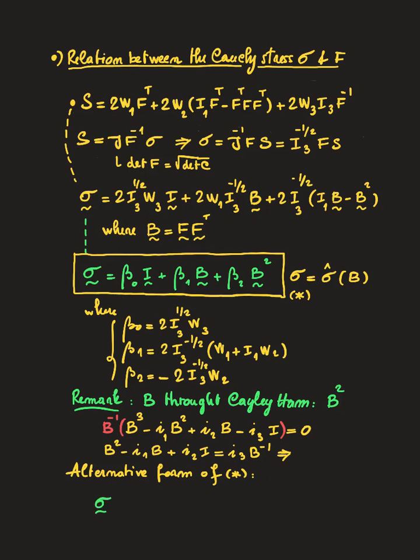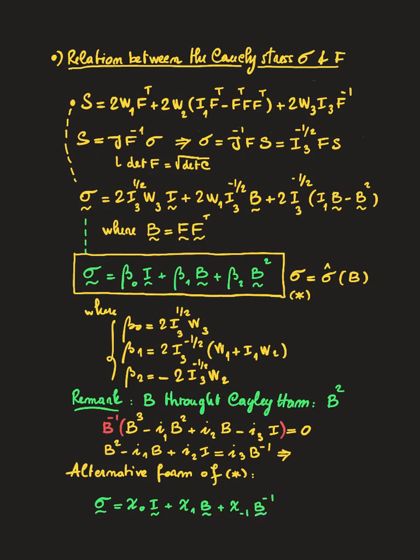This becomes sigma equal to, now there will be different functions, and the expressions of which I will not report. They're written on the typed notes that I will upload tomorrow. But these become chi naught times identity plus chi1 times B, and then there will in any case be a function that is normally called chi minus 1 that factors B minus 1.